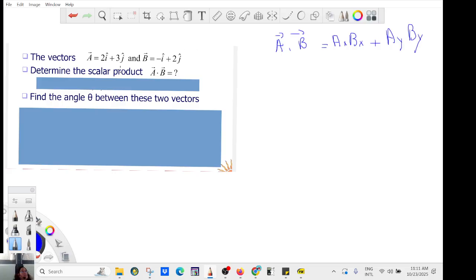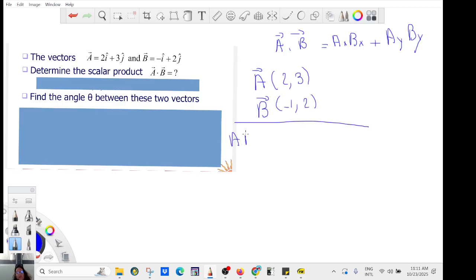That notation, we've already seen this notation. It's the unit vector, it just means the x component is 2, the y component is 3. The other one means x component is -1, y component is 2.